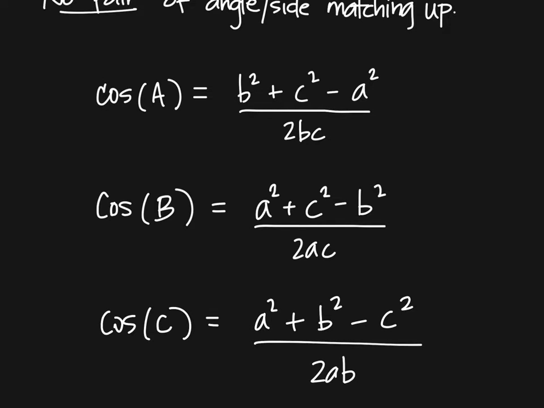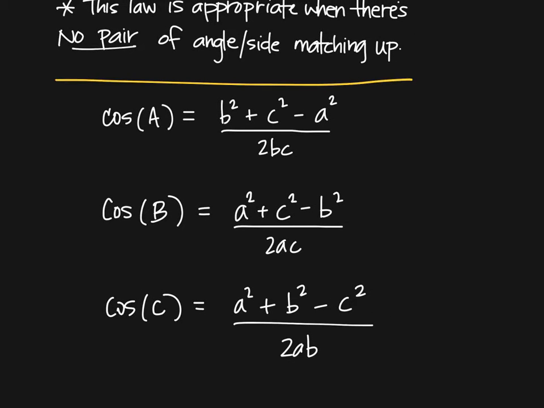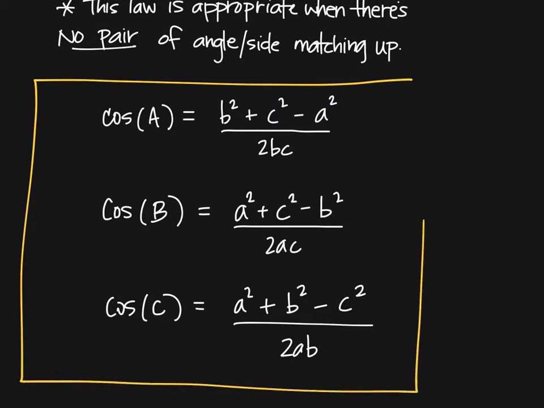This is called the law of cosines, and it works for any oblique triangle where you do not have a pair of matching data, a side and an angle matching up. That's what we're learning today. Then I'm just going to show you how to apply it in a couple different situations. Does anybody still need to copy that down, or you guys all have it?